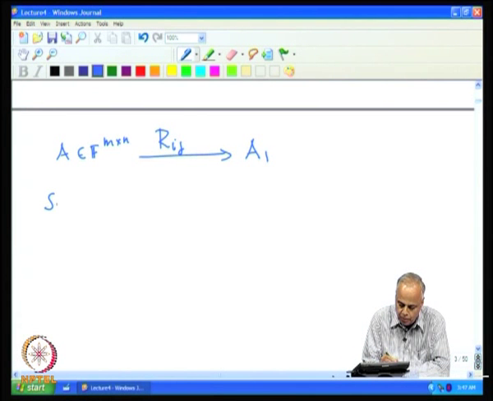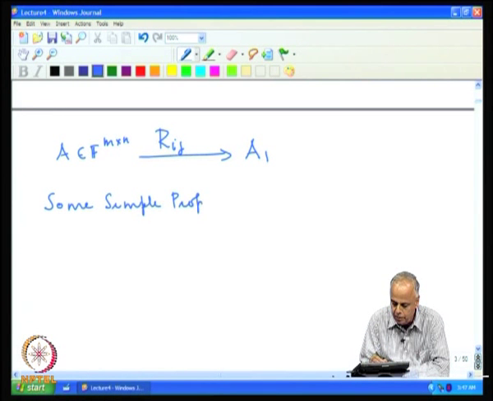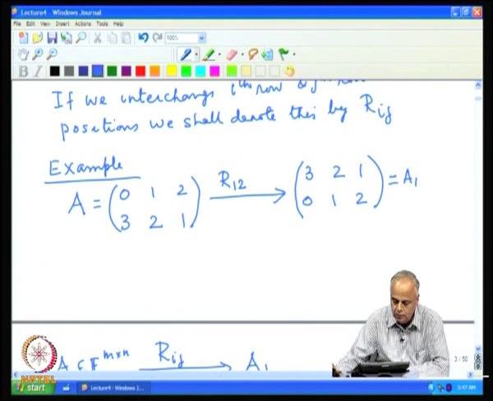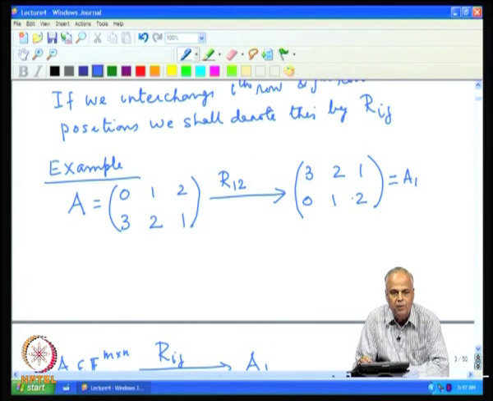Some simple properties we will observe. Some simple properties of ERO of type 1. Clearly, in this example, if we again interchange the first and the second row, we will get back to the original matrix.